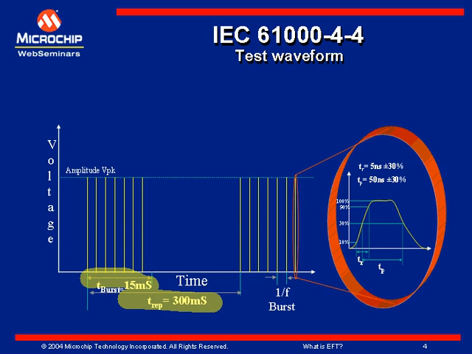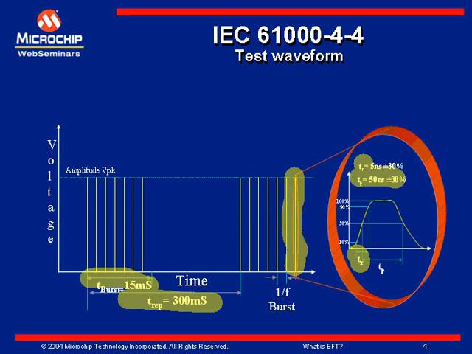Now, suppose you try to look at or analyze one of the pulses. All the pulses look the same. It may look something like this. Now, if you look at the scale, the x-axis is time, and the y-axis is amplitude or voltage. You can see the rise time is just 5 nanoseconds, and the pulse width is only 50 nanoseconds.